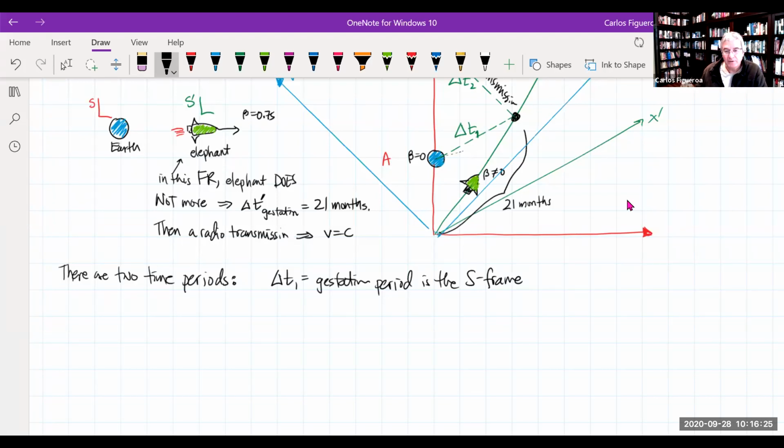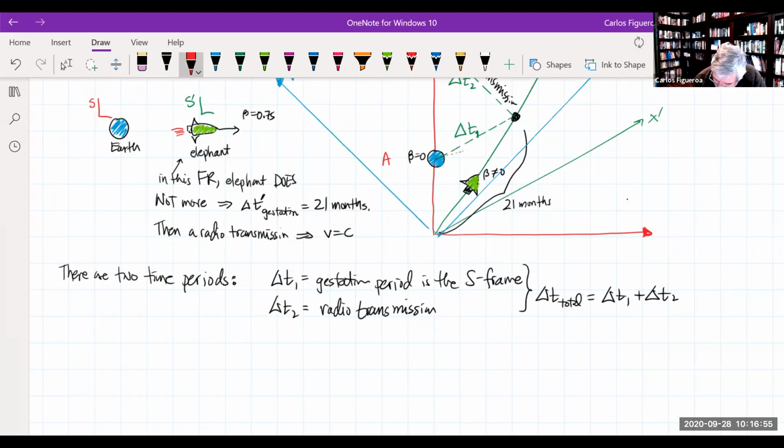We need to look at what the Earth's frame actually measures. And then there's the second time, which has to do with the radio transmission. And the total time before you get the good news on Earth is related to this.